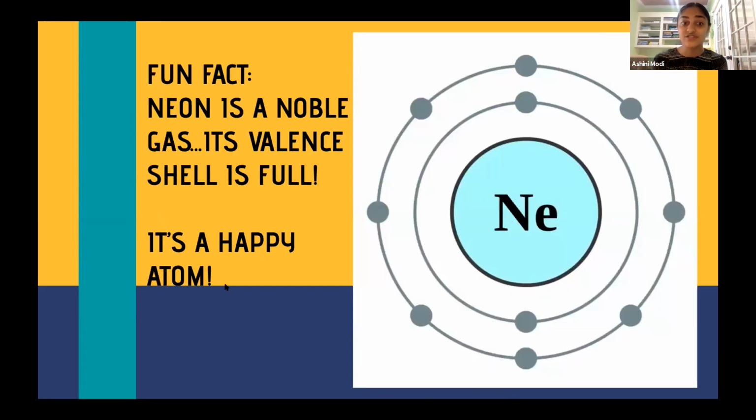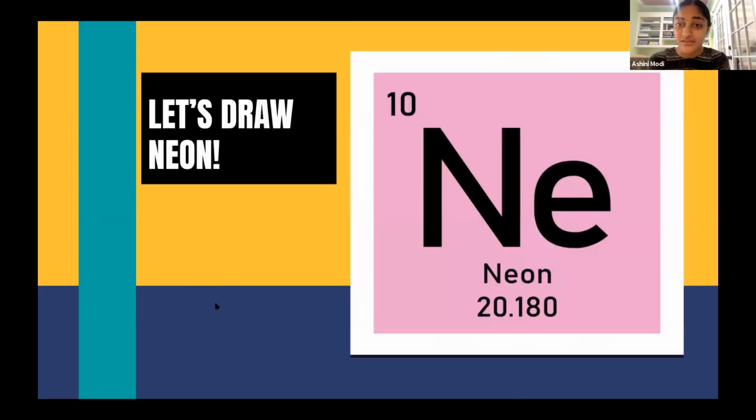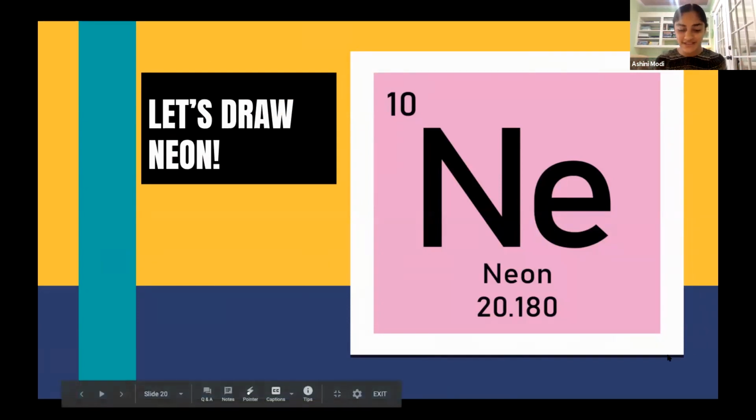So now let's draw the orbital diagram of neon. From looking at neon, you can tell that it has 10 electrons and it also has 10 protons. So let's see if you guys can draw the Bohr diagram of neon. I'm going to give you guys around 2 minutes to draw it. Remember, in the center, you're going to have the symbol of neon.